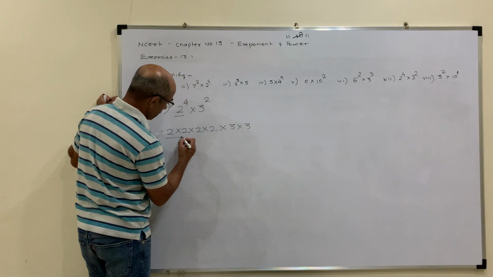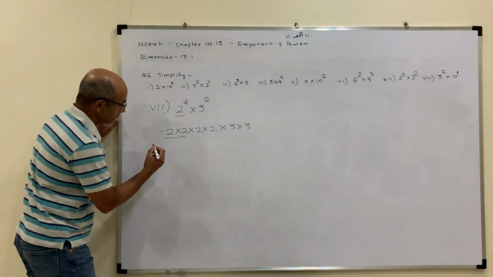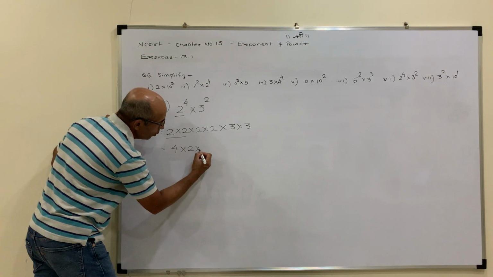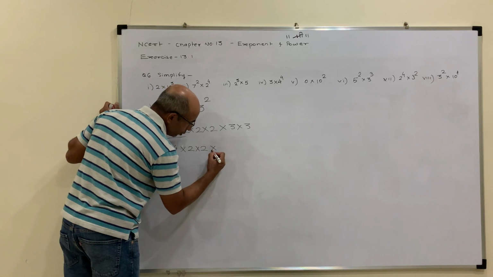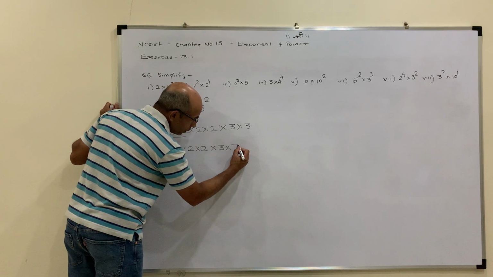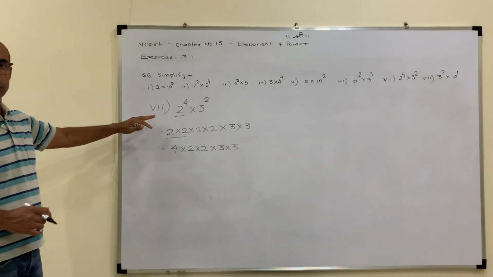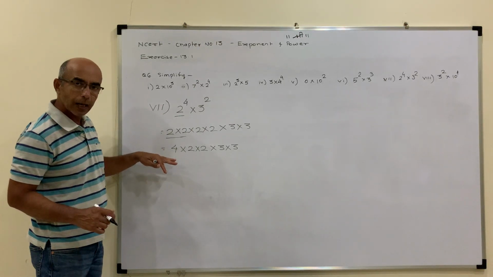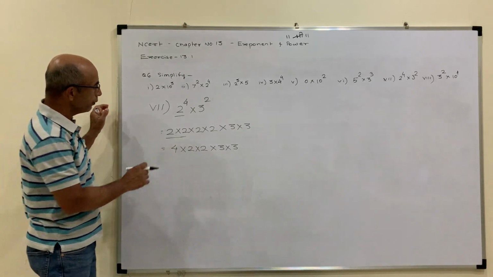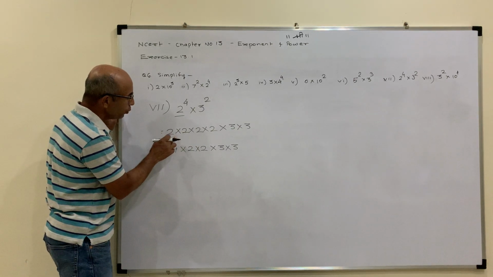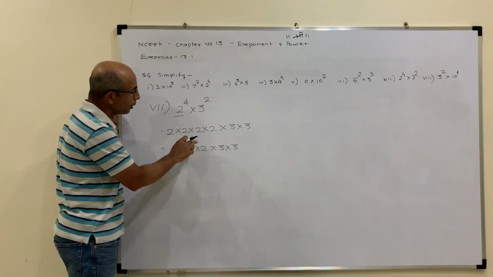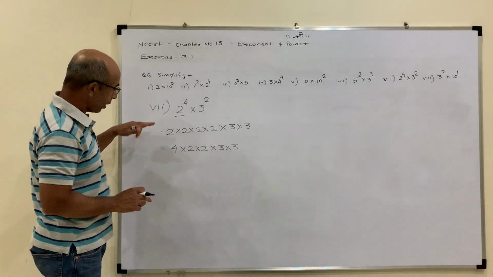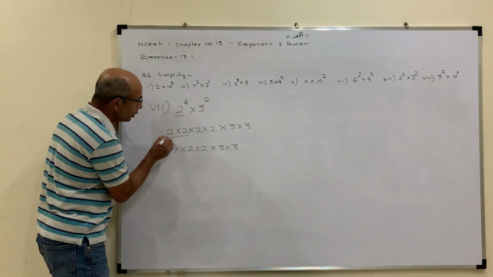I'll just solve the two numbers to this extent: 4 into 2 into 2 into 3 into 3. I won't suggest you skip any of the steps. Do it as simply as possible, because if you try to do multiple multiplications at one point of time, there is a high chance that you might commit a mistake. So I would suggest you always go with two numbers.